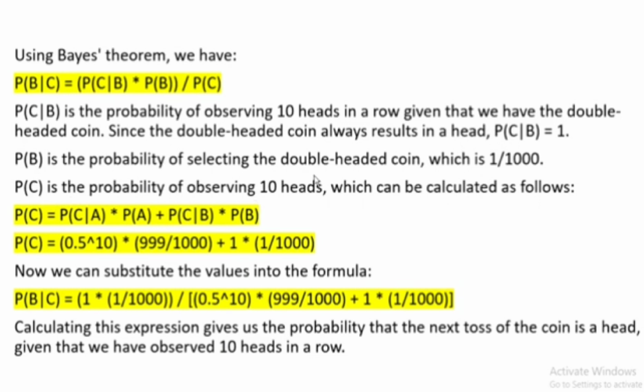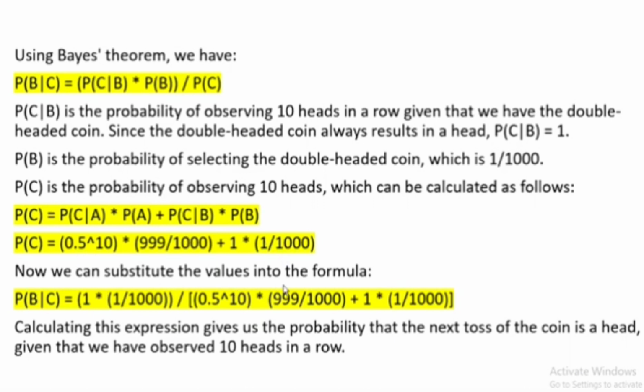P(C) is the probability of observing 10 heads, which can be calculated as follows. P(C) is equal to P(C|A) times P(A) plus P(C|B) times P(B). So P(C) would be 0.5 to the power 10 times 999 by 1000 plus 1 times 1 by 1000.